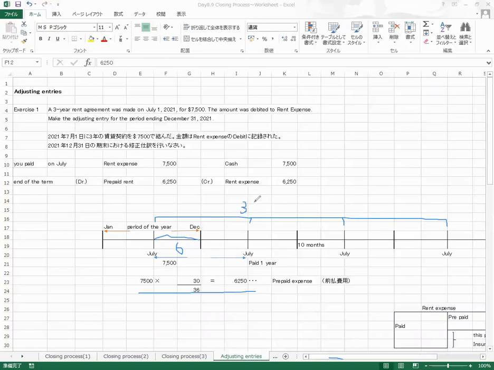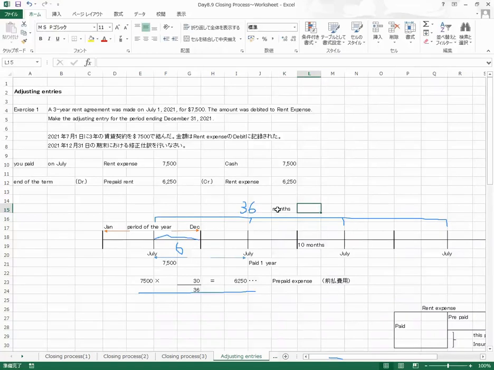So we will divide 30 by 36 and multiply by 7,500 to get 6,250. That is the prepaid expense of this term.